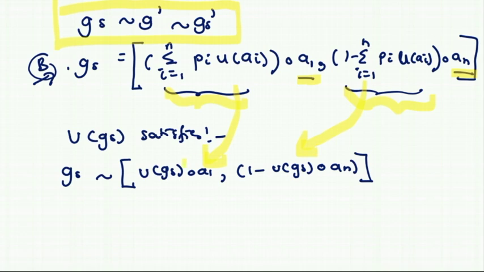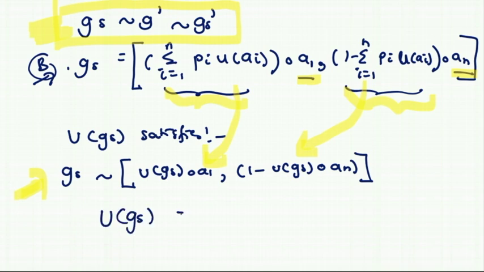G_S is equivalent to the utility of G_S, simple gamble, composite of outcome a_1, comma, and also 1 minus the utility of the simple gamble, composite of a_n. We can also write it with G_S prime, u(G_S prime), here 1 minus u(G_S prime). You get what I mean? But we use this only, because they are just equivalent anyway. So by comparing A and B here, finally, we can obtain this.